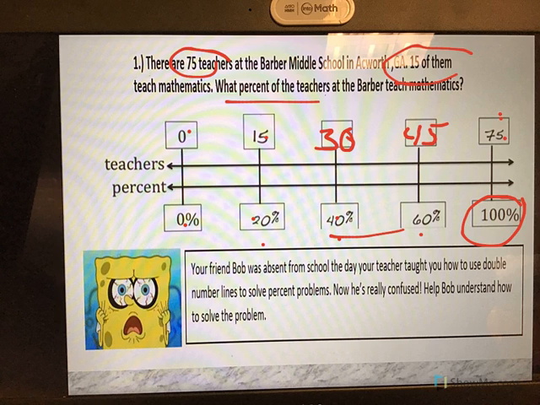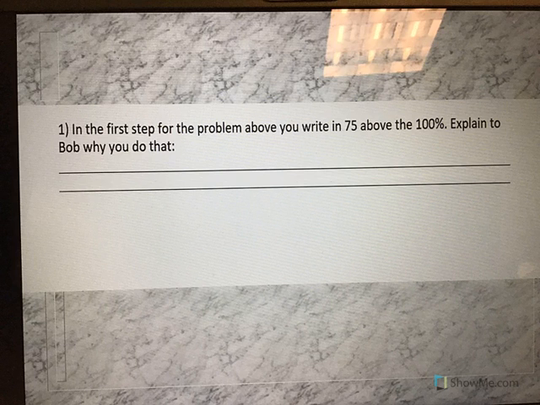Now let's answer the questions. The first question says, in the first step of the problem, you wrote 75 above 100%. Explain to Bob. Why did we do that? Well, because 75 is the total number, the whole.